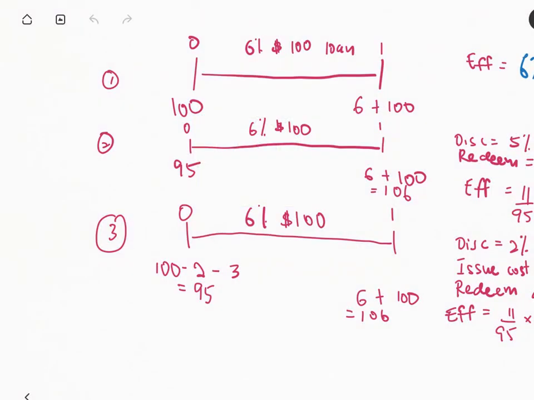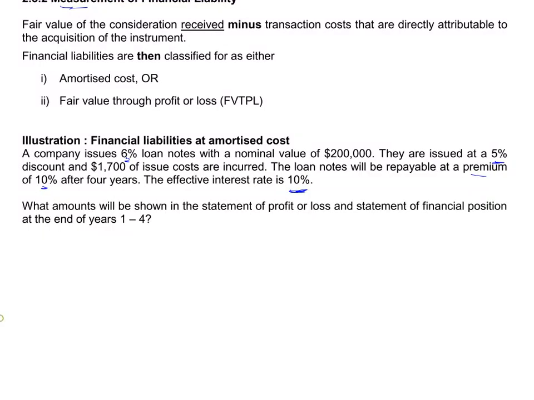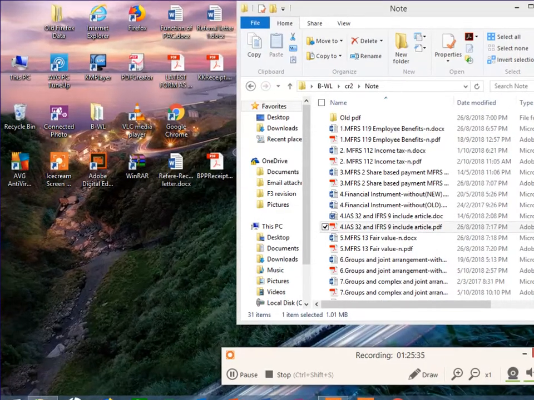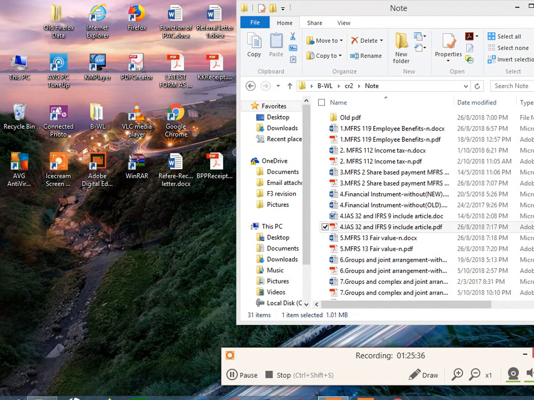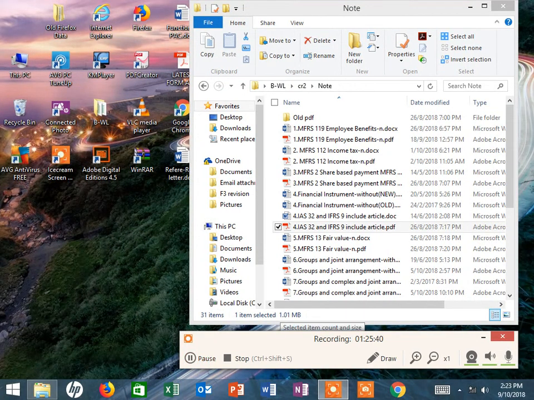How much is that? Capital balance plus effective of 11% on 95. Nobody give me the calculator, myself. 11.578 on 95 will be $11.